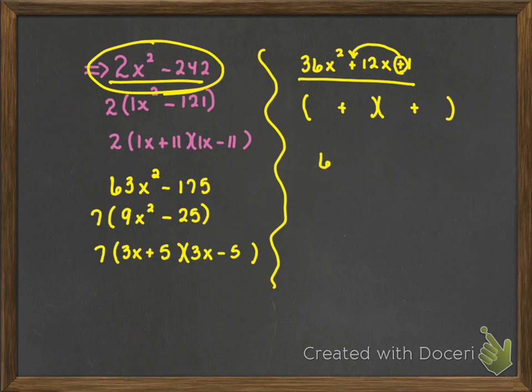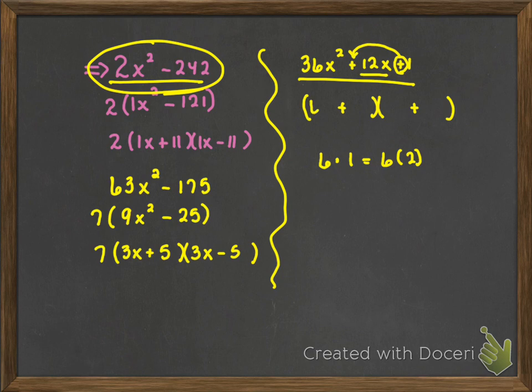I will take the square root of 1, which is 1, and multiply them together. Okay? So 6 times 1 gives me 6. If I double that number and I get what the middle term is, which is 12, then I know that this is a trinomial that will factor into 2 perfect squares.